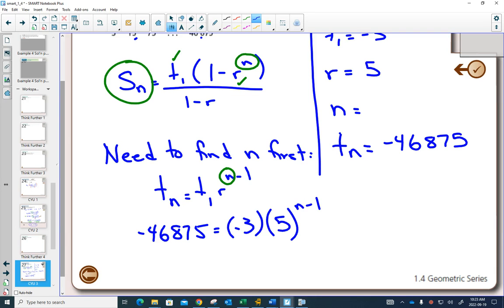I want to solve for n, so I'm going to get my power all by itself, divide both sides by negative 3. That gives 15,625.